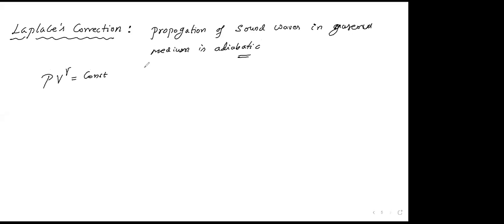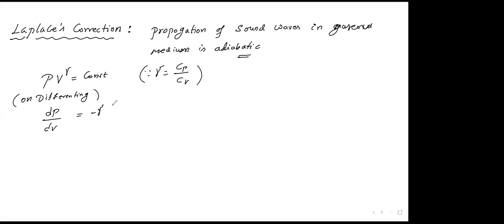Gamma is the specific heat ratio, so gamma is Cp by Cv. Now by differentiating this, we get again dP by dV like the previous equation, but the gamma factor is multiplied, minus P by V. Therefore, minus gamma P is equal to minus V dP by dV.